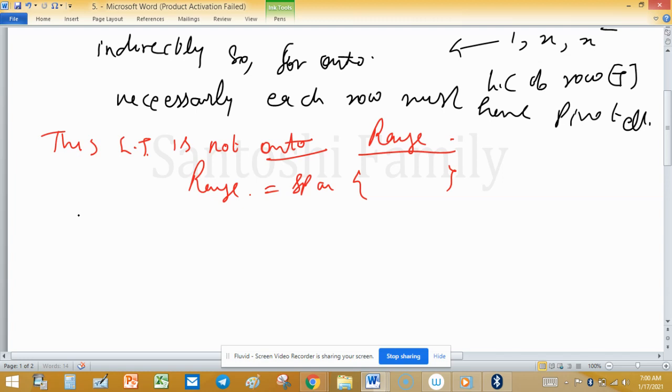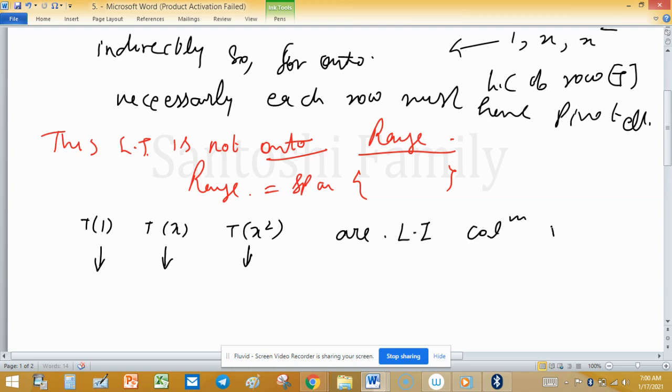Also in the matrix representation, we have seen T(1), T(x) and T(x square), which are column vectors in the matrix representation and are linearly independent column vectors.